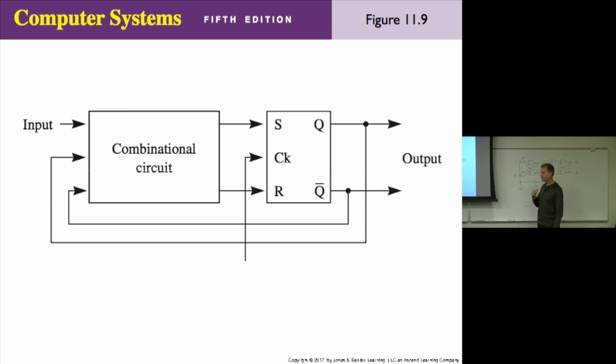In the combinational circuit? No, right before the combinational circuit. Have it tap off from the clock and be like an enable. Actually, what you're saying is pretty close to what we're going to do. We are going to tap off the clock in a certain way.